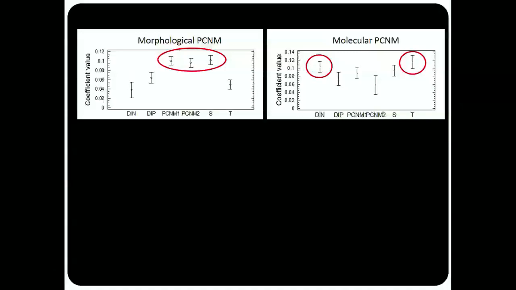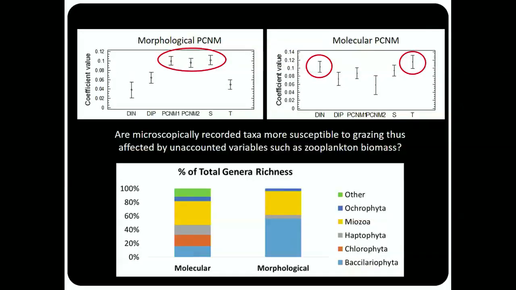Whereas in the molecular data, the community seems to be driven more by the dissolved inorganic nitrogen and temperature. Which brings the question whether the taxa that we record microscopically could be more susceptible to processes that we didn't really measure, like grazing. We are actually counting and measuring these samples now in the lab for zooplankton biomass, but they were hidden within these two variables.